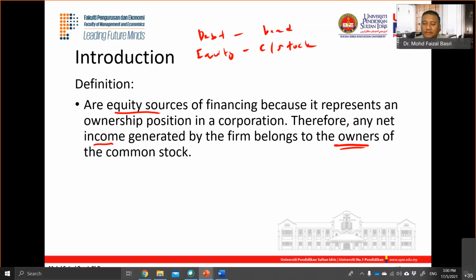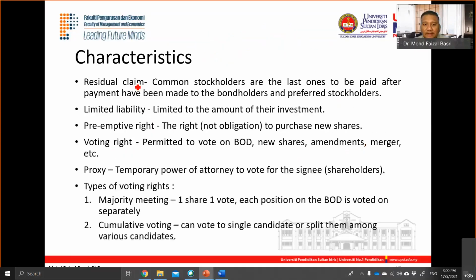So in terms of risk, the common stockholders carry the highest risk compared to the three that we have: bond, preferred, and now the common stocks. In terms of claims, the common stockholders will be the last one to be paid, after the bondholders, who are first to receive, and the preferred, who are second.